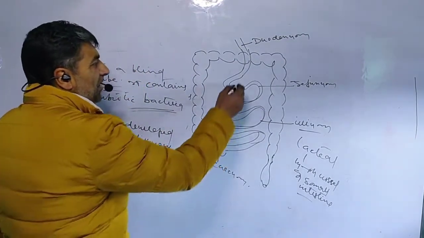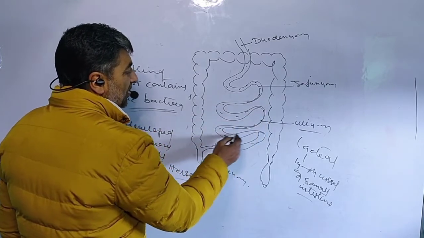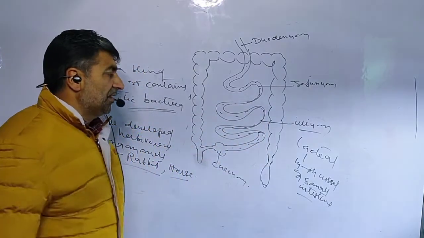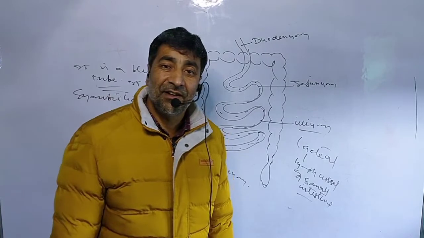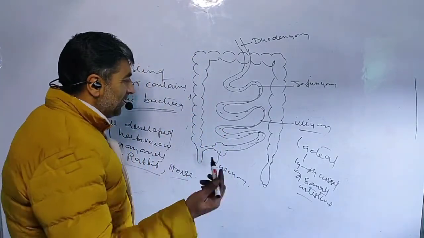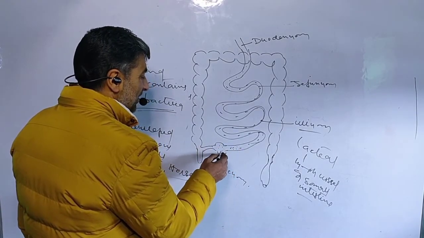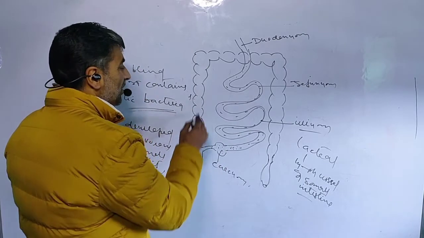When food gets digested in the small intestine, as you know, digestion is completed in the small intestine. The digested food then gets absorbed into blood. Then there remains undigested food. This undigested food enters into the cecum and then into the colon.